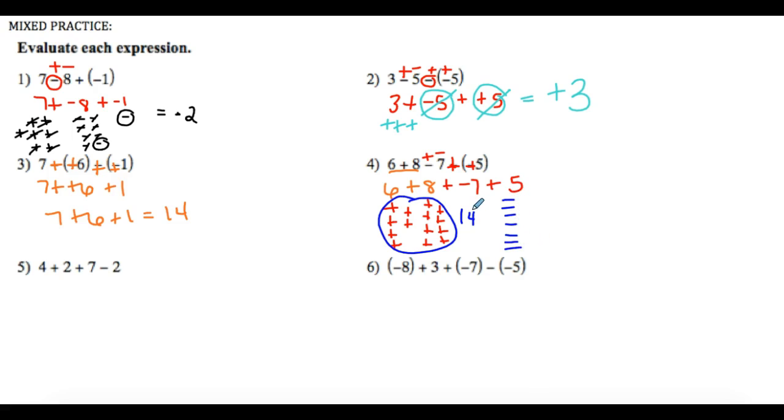So if I have 14 positives and 7 negatives, when we go through and cancel those out, I would have 7 positives left. Because if I do 1, 2, 3, 4, 5, 6, 7, that would cancel this whole row. 1, 2, 3, 4, 5, 6, 7 left. So if I have 7 positives and then 5 more positives, that would be a total of 12 positives.